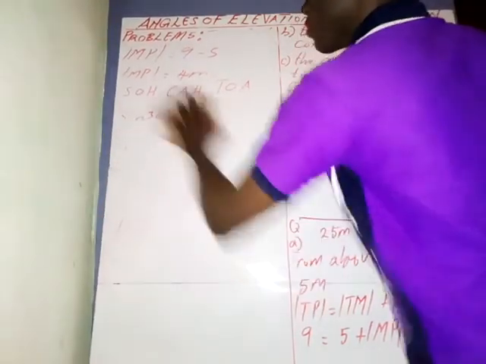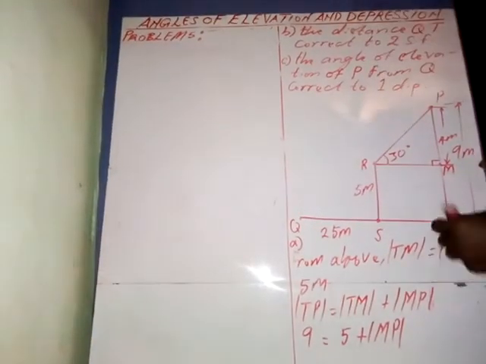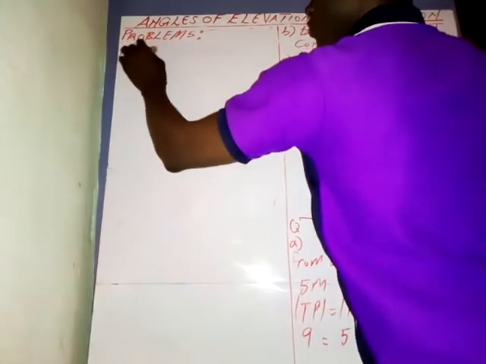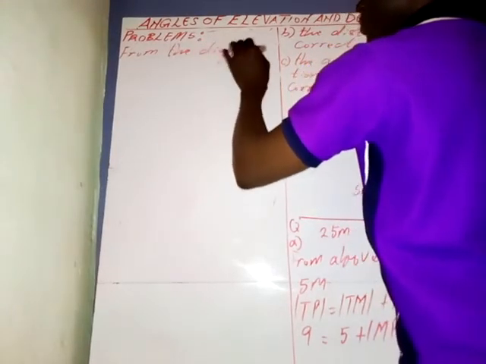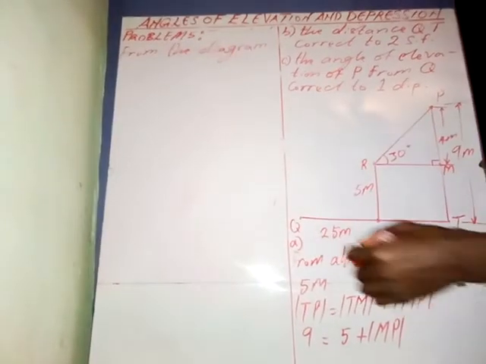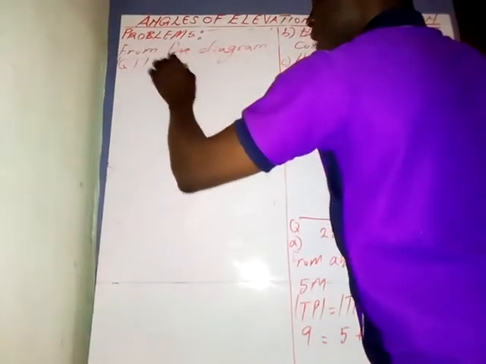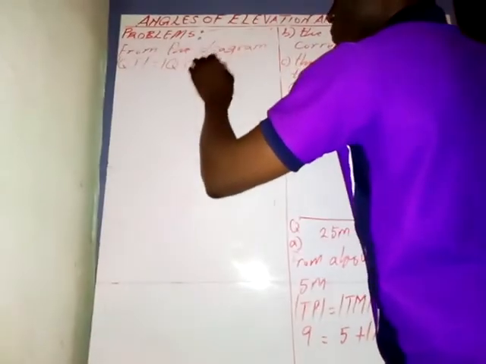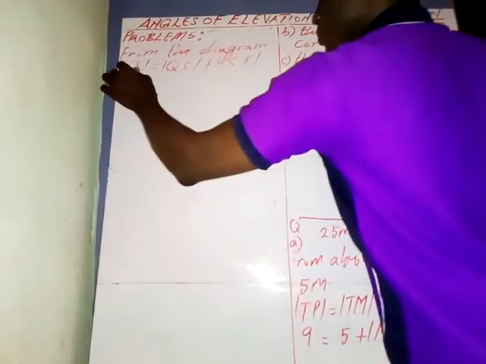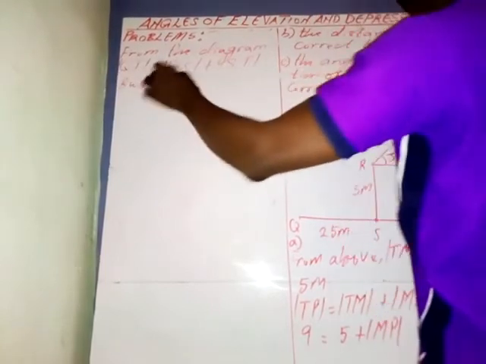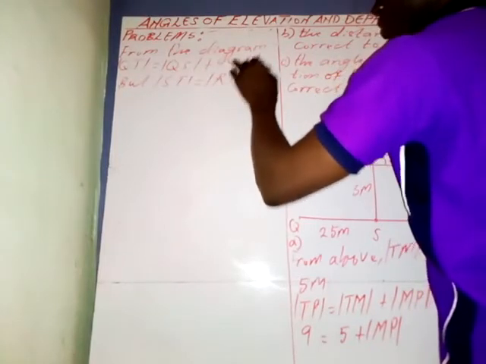So I'm going to rub this off. Okay, from the diagram, we have that QT is equal to QS plus ST. But ST is equal to RM.